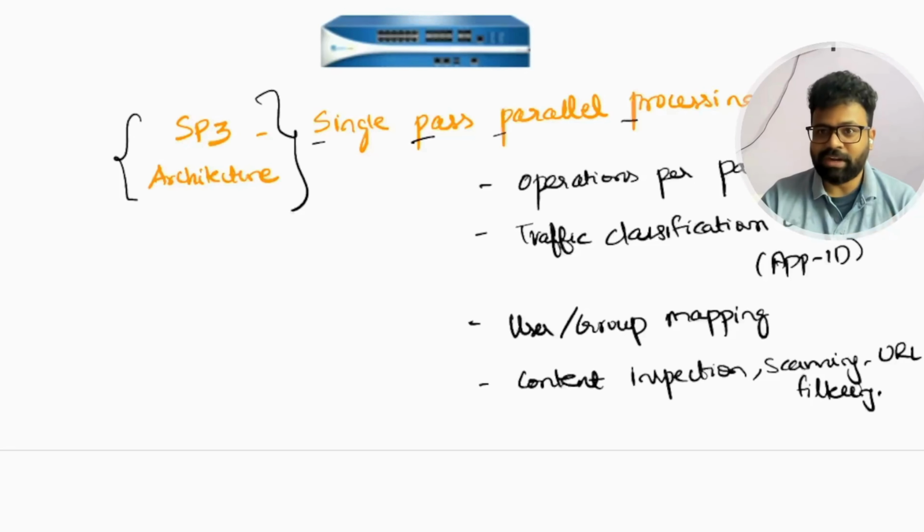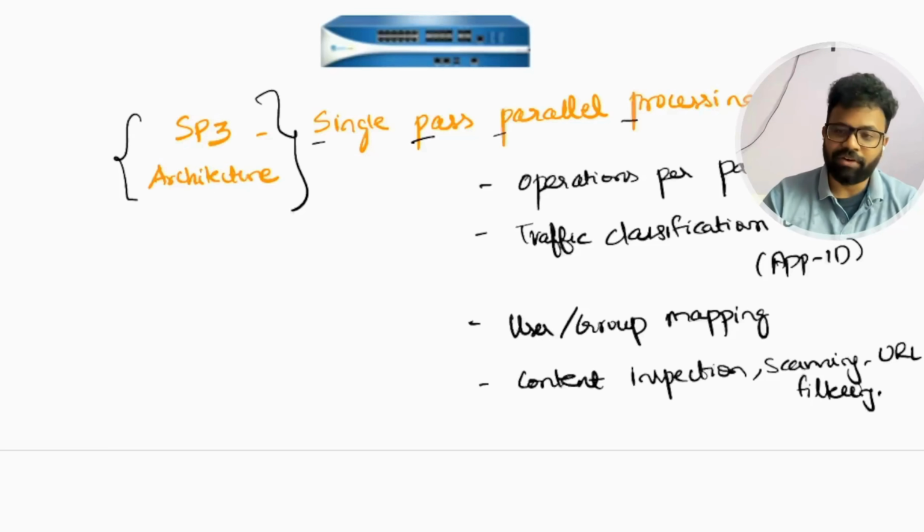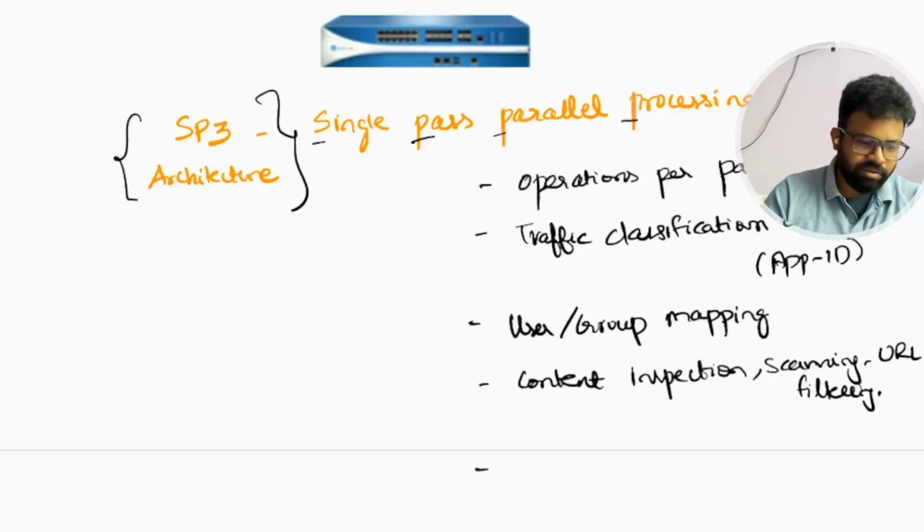It is going to inspect that particular file, and you can also control URL filtering, restricting some of the unwanted sites, like adult content sites or drug trafficking. Many things you can control with the help of the URL filtering feature.